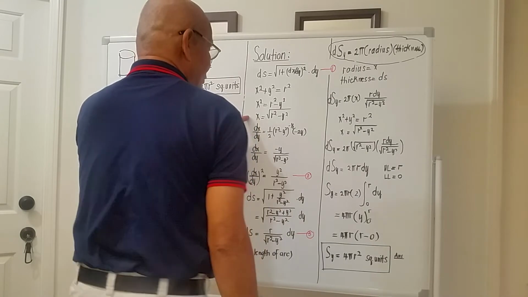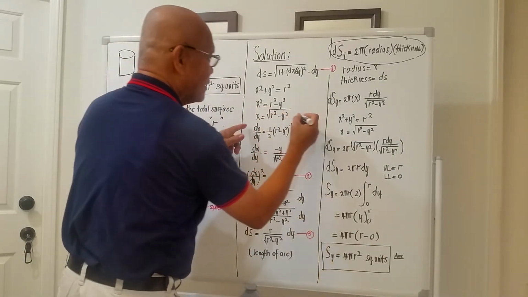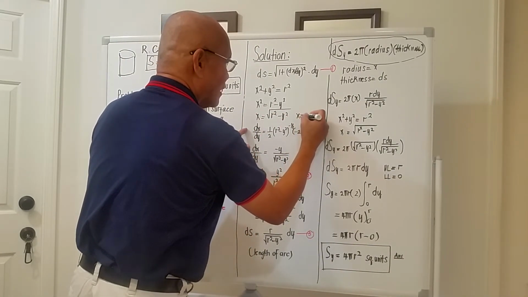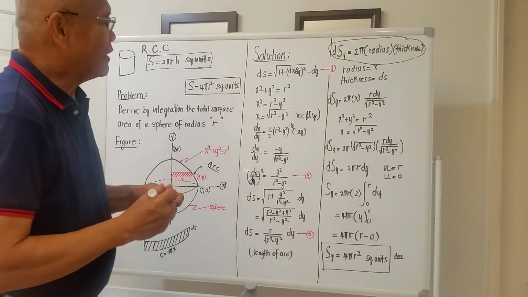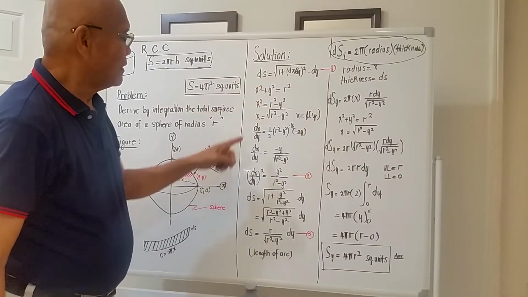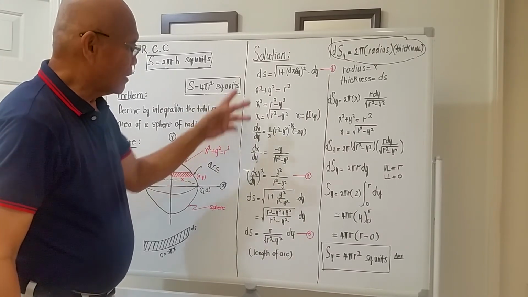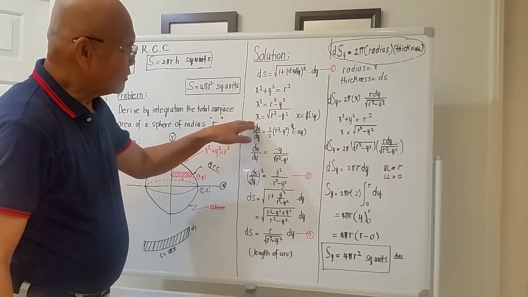Okay? So we are now given x as a function of y. And we need to compute for dx over dy. dx over dy now equal to, take the differential of both sides.